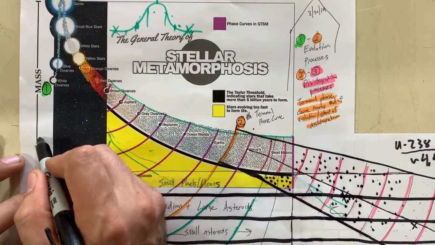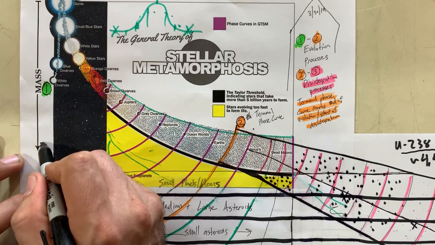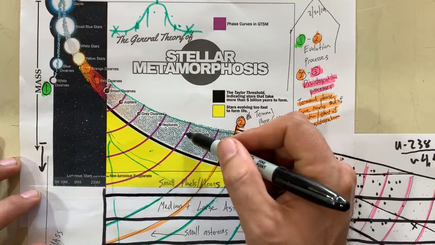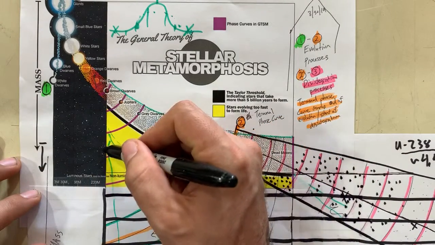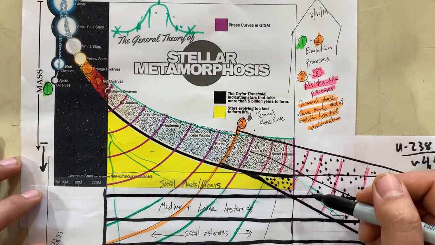So if water can escape an object that's this mass and below, then it means the ocean world stage should be a little bit higher. But then again, I still have to work out a lot of that stuff.